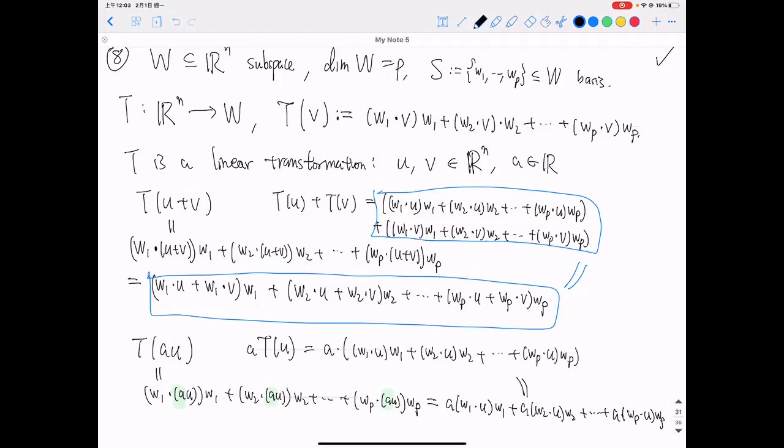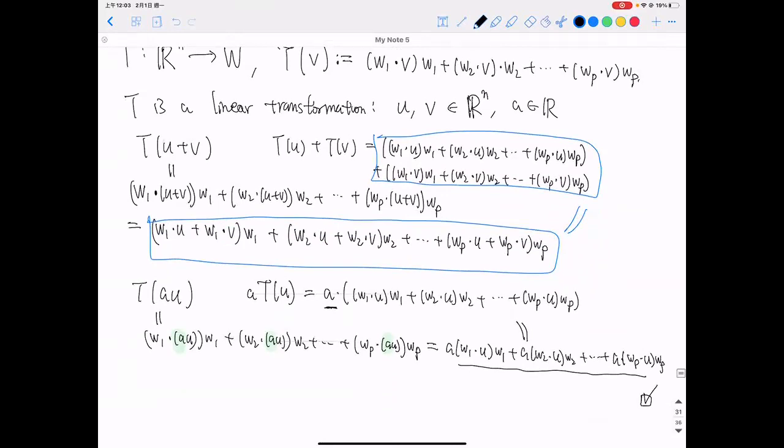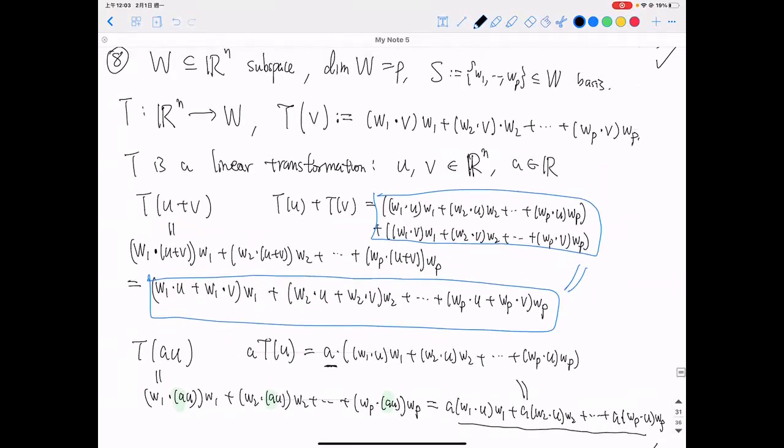After all, if you just distribute the multiplication by A into the terms, you get what's written here. So you indeed have a linear transformation. This guy has a name. This T here is the orthogonal projection onto W.